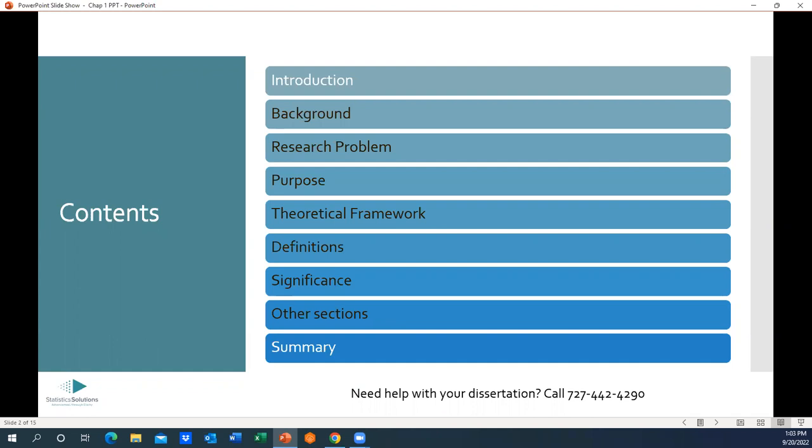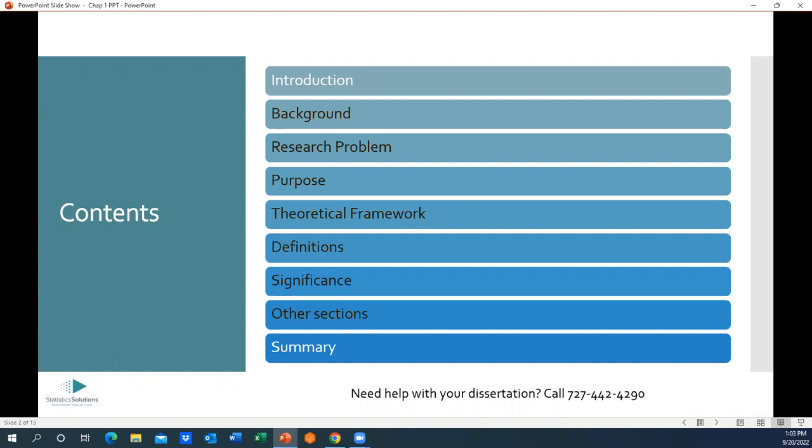So you always want to follow your school's template if they have one. If your school doesn't have a template, your chair can give you a sample, like an approved dissertation from a school that they'd like you to follow. But having said that, this will work as a good general template.